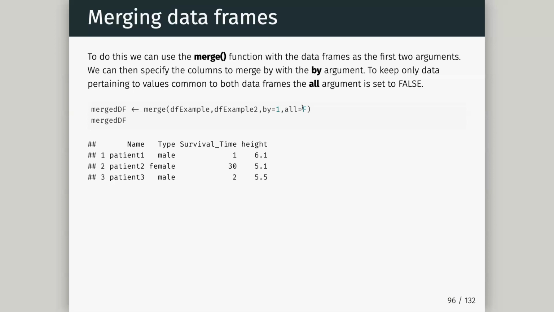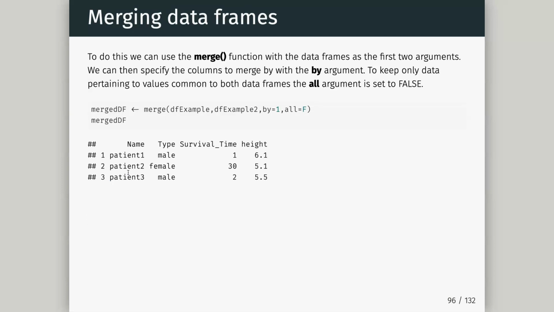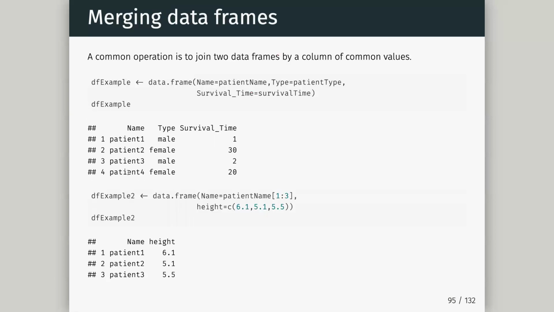Finally, I'm going to set all as false. And that means it's only going to keep elements which are common to both data frames. We had one row which isn't in the second data frame, so patient 4. If I merge these, then patient 4 had no information in the second data frame.